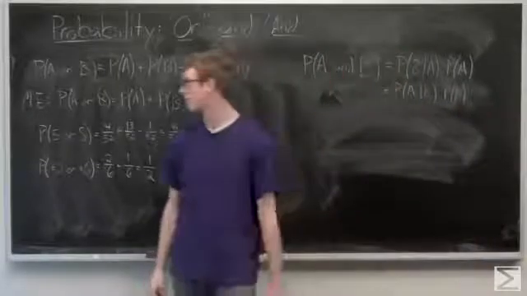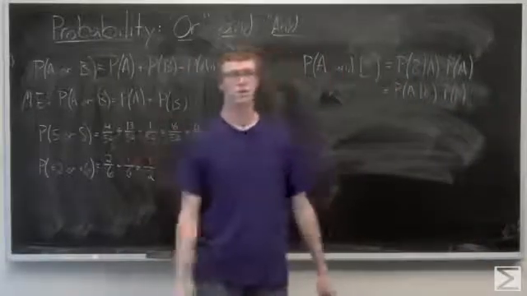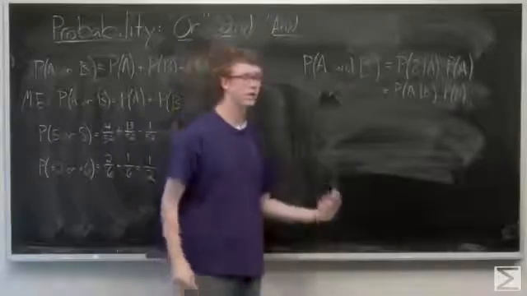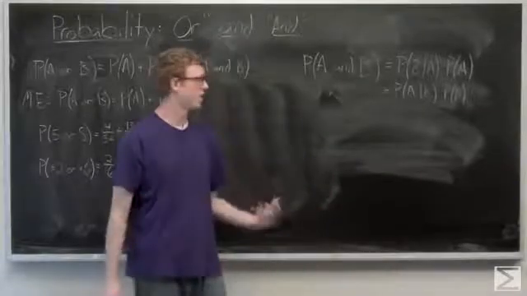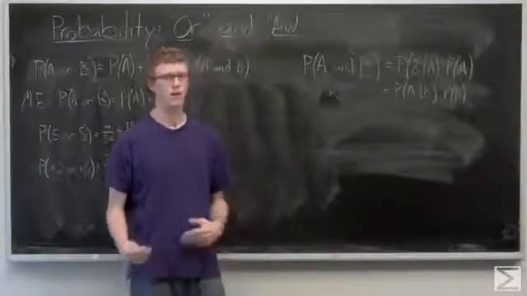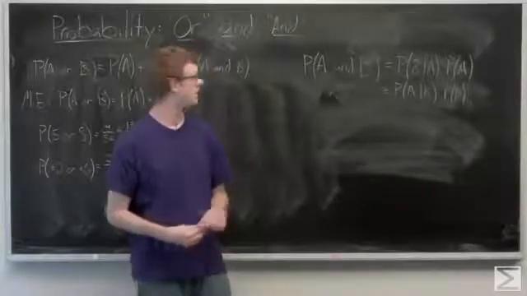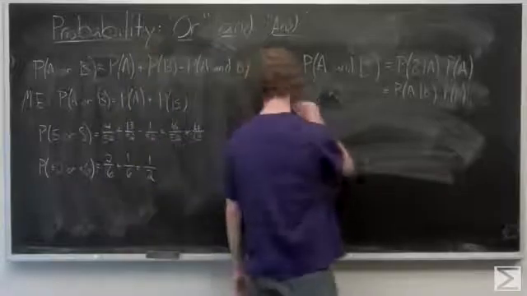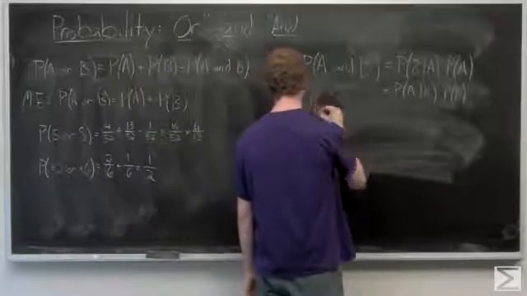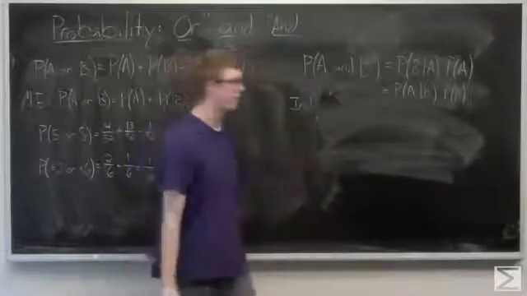Now again, we're going to have a special case, just like the mutually exclusive event over here. We're going to take a look at when A and B are independent, meaning that one doesn't affect the other. So whether or not you get an A, it has no effect on whether or not you get B. Just I and D standing for independent.